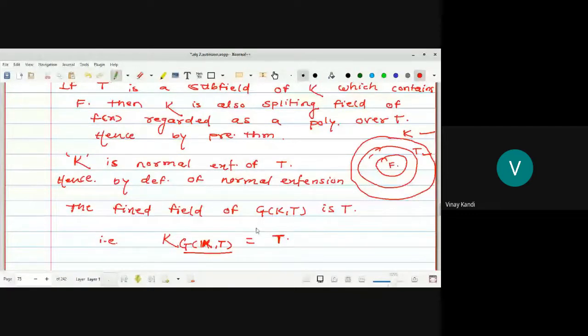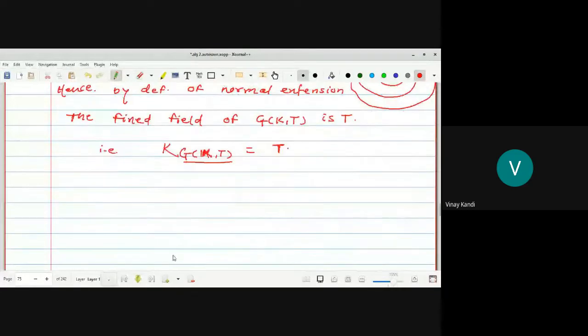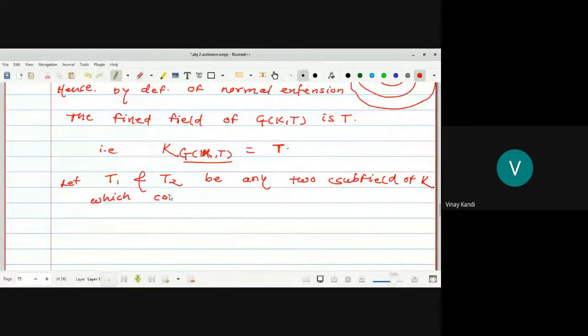Let capital T1 and capital T2 be any two subfields of capital K which contain capital F.